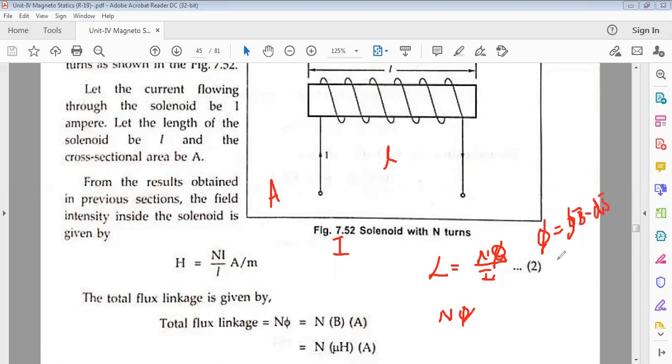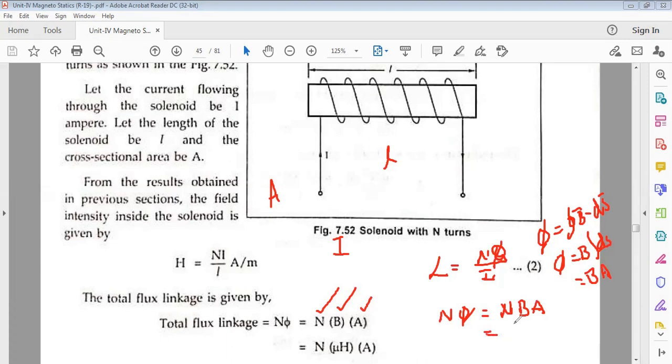Otherwise, phi is equal to B integral dS. What is the integral dS? It is nothing but the area A. So N phi is equal to N into B into A. N is the number of turns, B is the magnetic flux density, and A is the area or integral of dS.